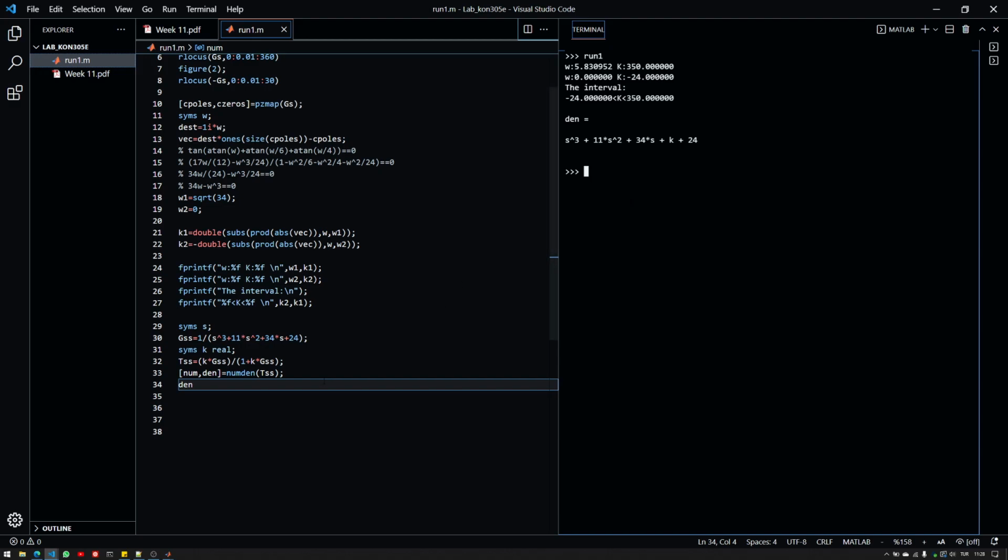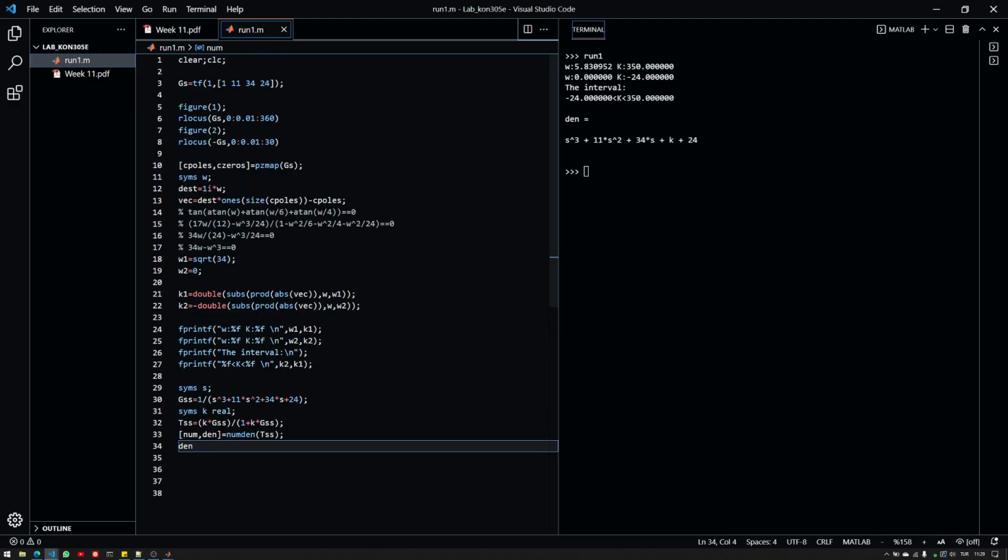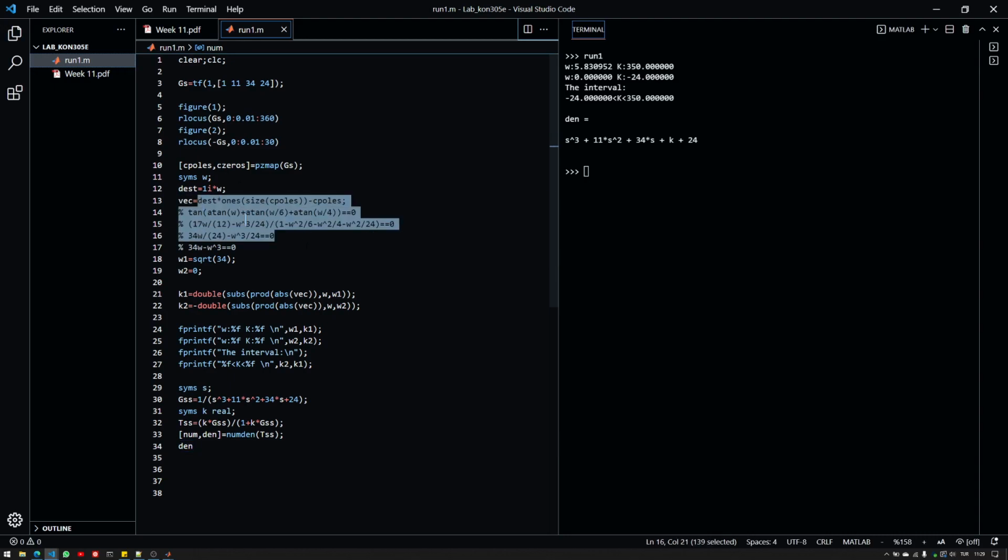You can generate your table. Or you can also even see that if k is -24, this one becomes 0, which eliminates this constant term, which then also means that I can factor out an s term, which corresponds to the pole at the origin.